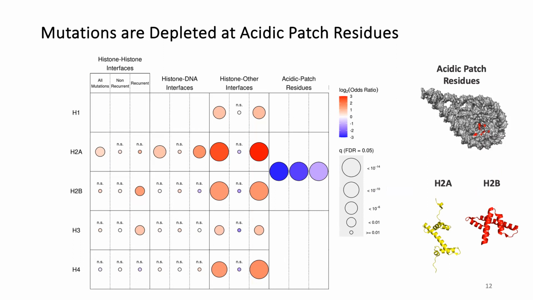And it's formed by a few different acidic residues on both H2A and H2B. Here it's actually interesting, because although there's a high frequency of histone missense mutations found at these acidic patch residues, we find a statistically significant depletion of missense mutations at these residues.